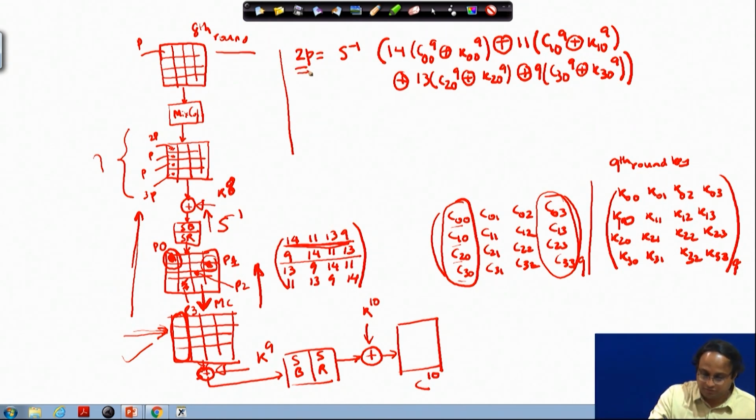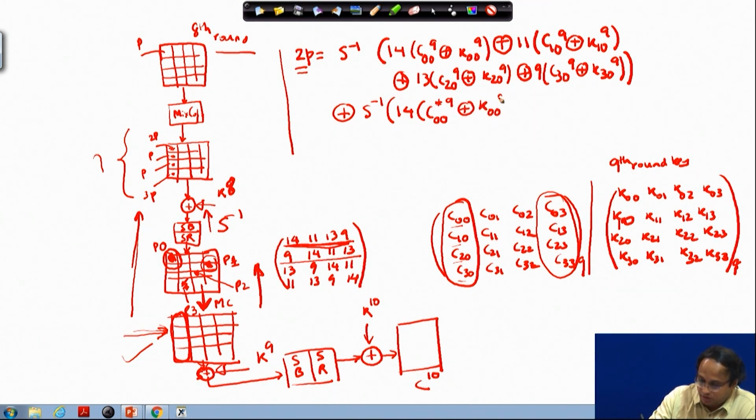If I want to get the differential, then I have to XOR this with the faulty case, and the faulty case can be denoted exactly the same. The only thing we will do is write C00 star 9 to indicate that this is the faulty cipher.